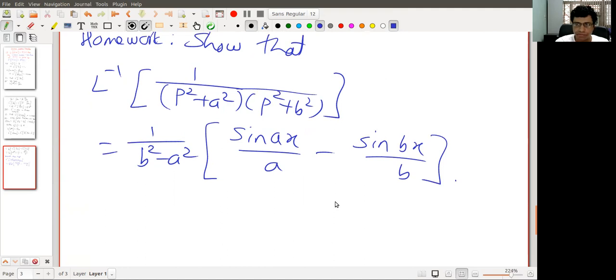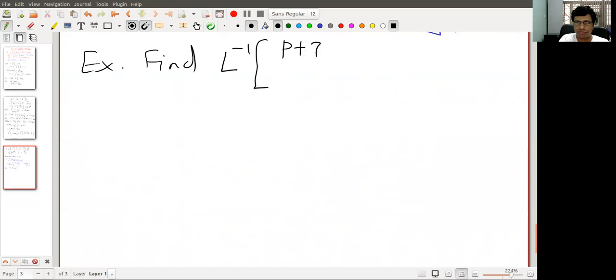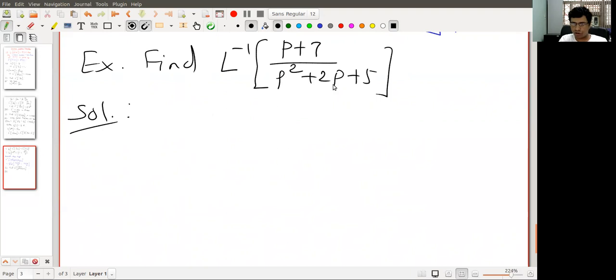Next example: find inverse Laplace transform of p plus 7 divided by p square plus 2p plus 5. Solution. Here the denominator is a polynomial. So we try to write it as p plus a bracket square plus something, some b say. It is a quadratic polynomial.